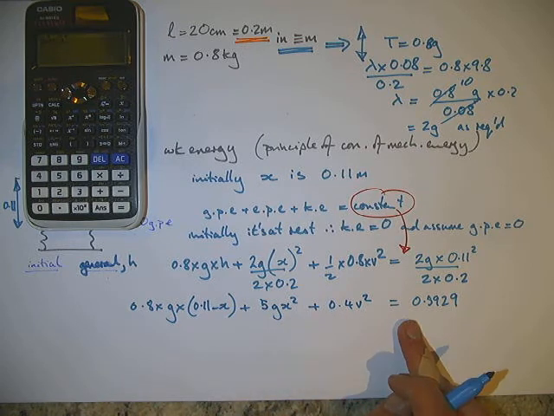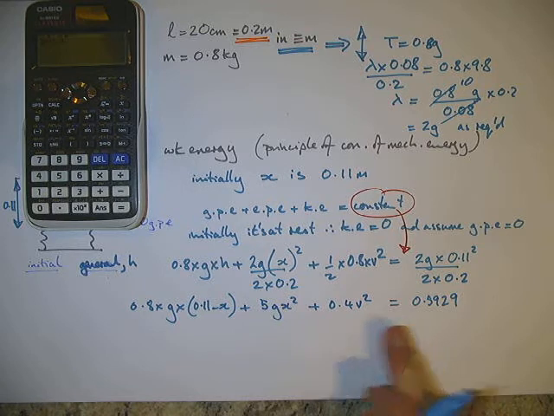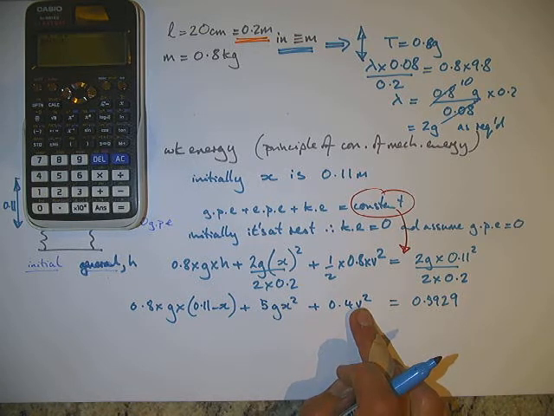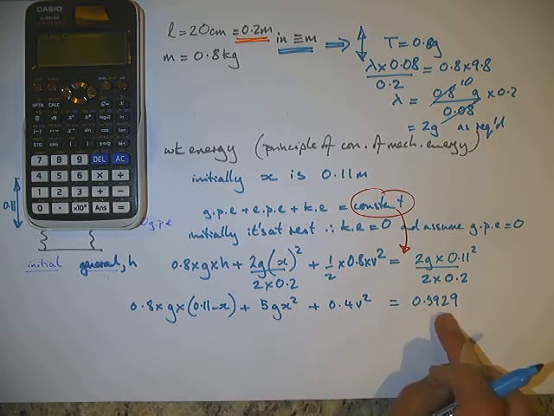A horrific looking expression, but we can turn it into an expression for v squared in terms of a quadratic. And this is what the book does.